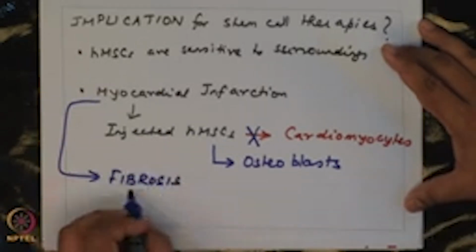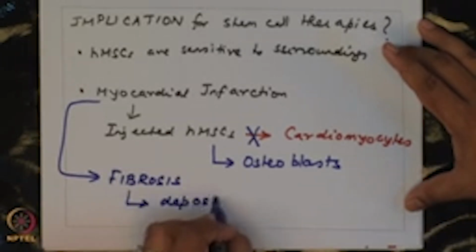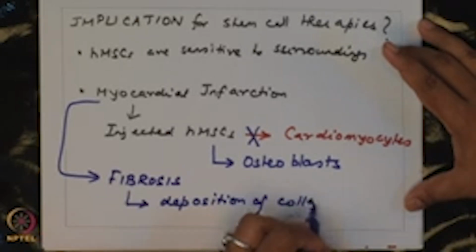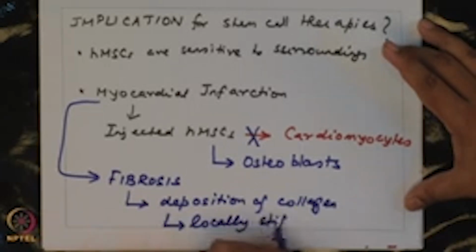Fibrosis is a lot of deposition of collagen, so this would locally stiffen the matrix.